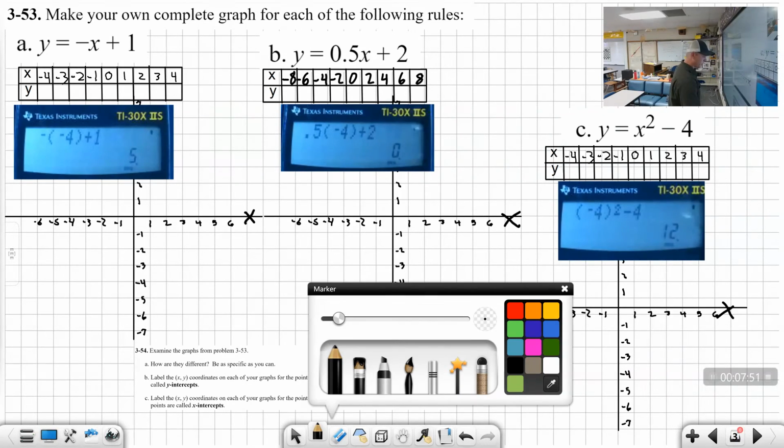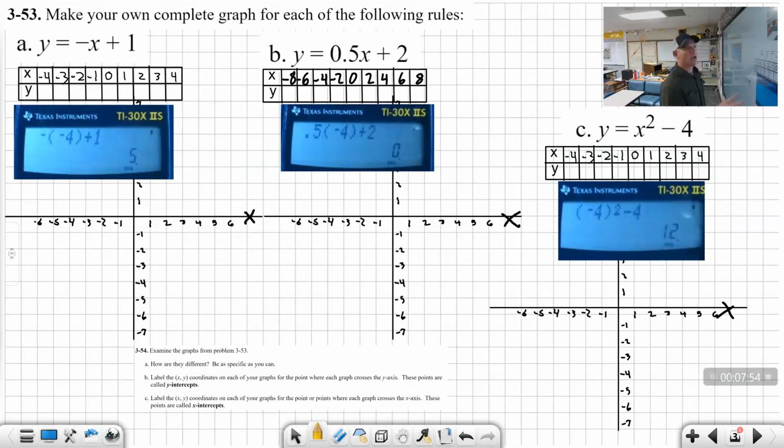So what we're going to do is we are going to calculate our table. We are going to find the y values using our x value. So it says -4 squared minus 4. That's -4 times -4 is 16 minus 4.